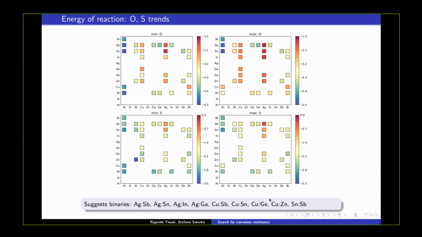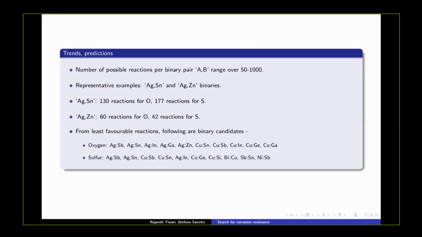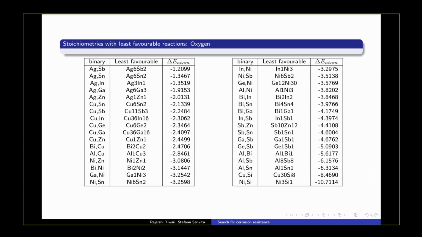And with this exercise, one comes from potentially no knowledge about the material space to shortlisting something like 10 binary compounds and similarly a few ternary compounds. So these were the predictions, and I think this is for the record purposes, which we can skip through.